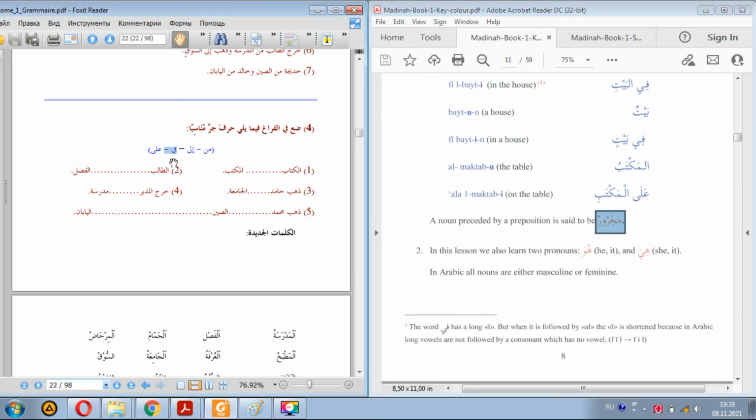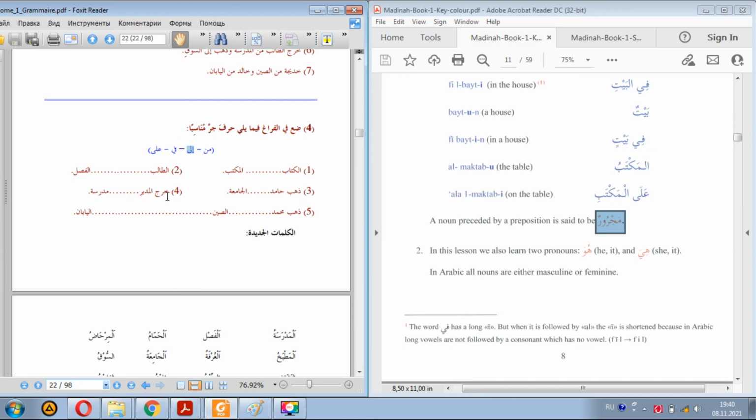This is a perfect match for this sentence. ذهب حامد الجامعة. الجامعة, it means the university. Well, Hamid went to the university, and of course it means إلى, to the university. إلى الجامعة.